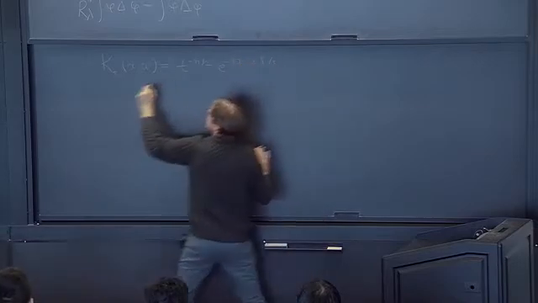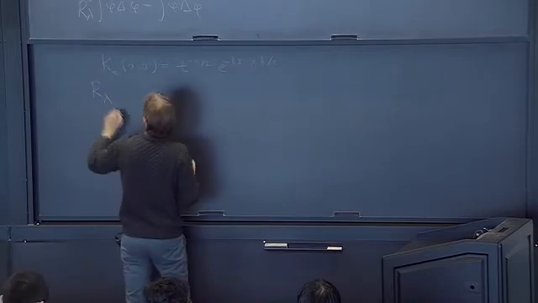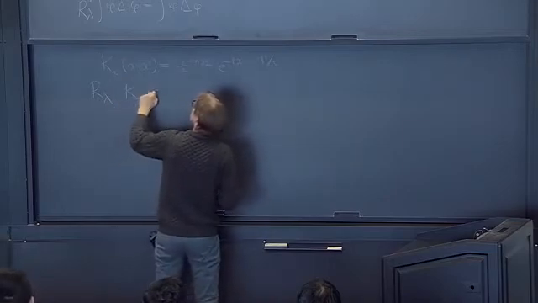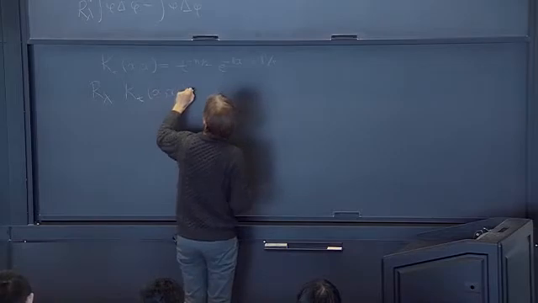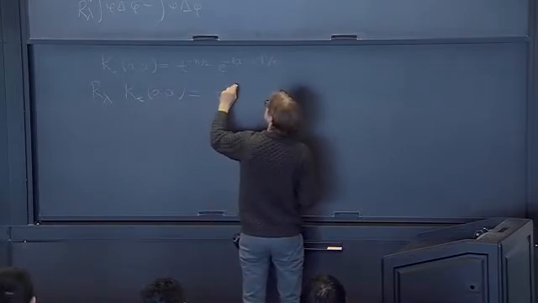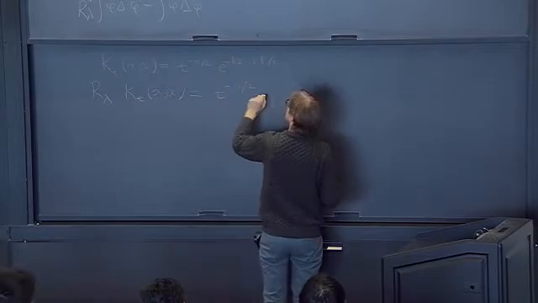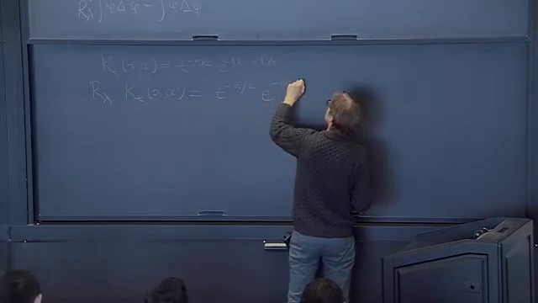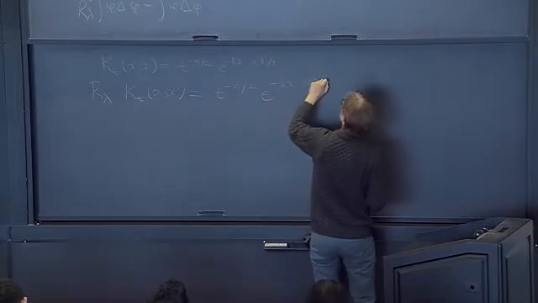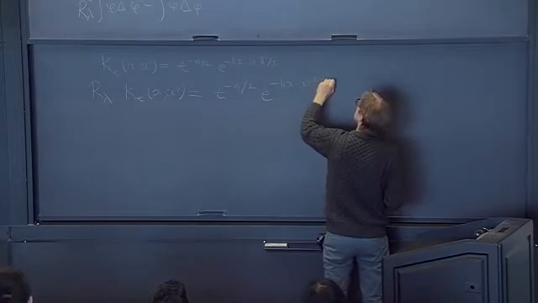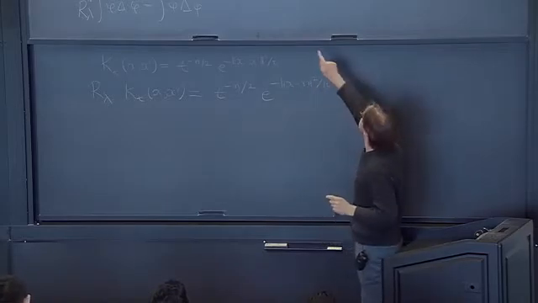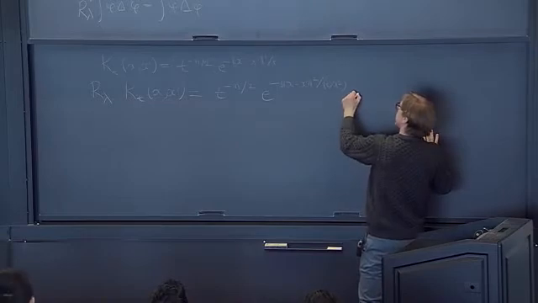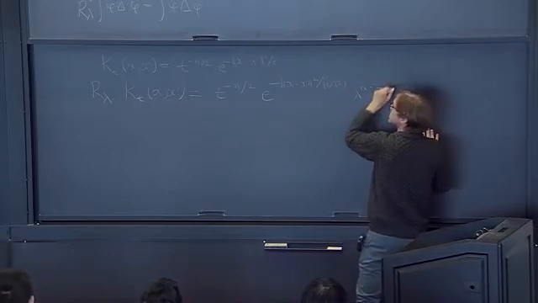If I apply this to both factors, I get a factor of λ^(-n/2), but because I have this prefactor of λ^(n/2-1), and this involves two fields, I get another factor of λ^(n-2).